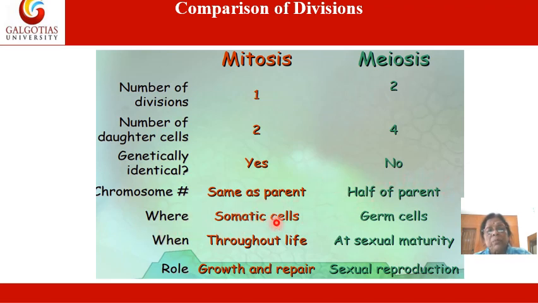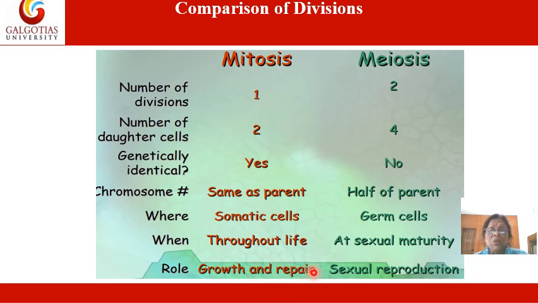Mitosis forms the somatic cells, and meiosis forms the germ cells. Mitosis can take place throughout life, but meiosis takes place only after sexual maturity. The role of mitosis is in growth and repair.